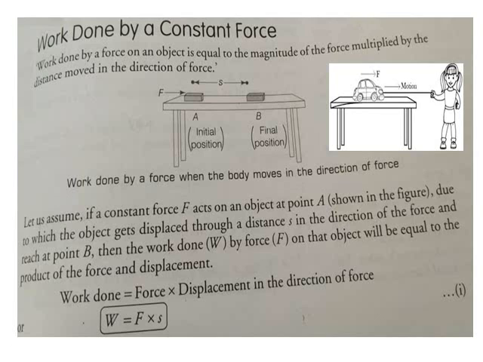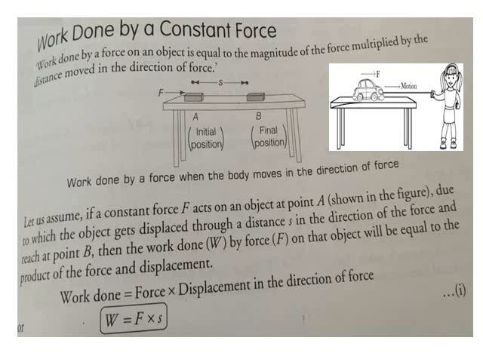Now, in this slide, let us see how we can calculate the work done. What is the formula for calculating the work done? Go through the slide. Work done by a force on an object is equal to the magnitude of the force multiplied by the distance moved in the direction of force.